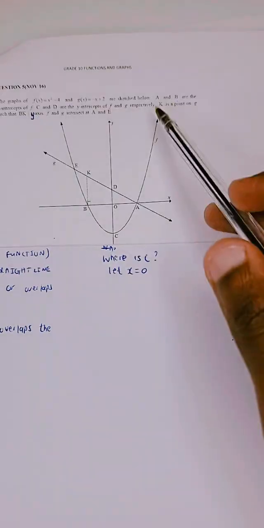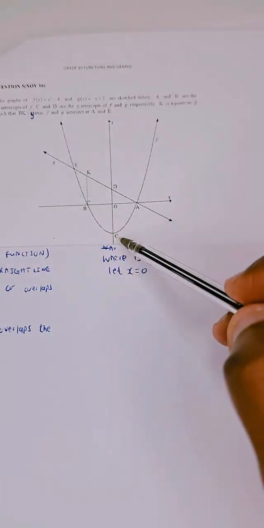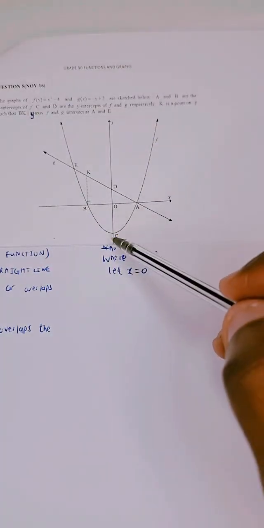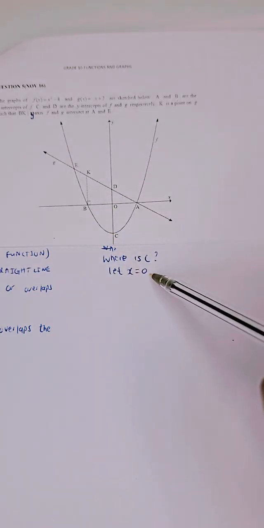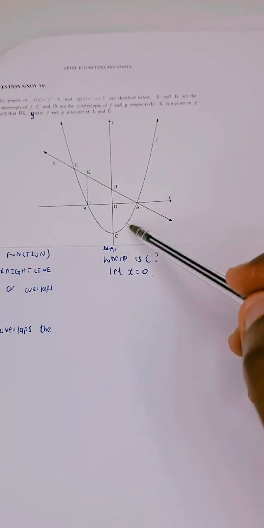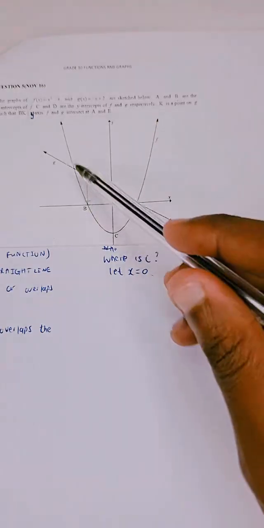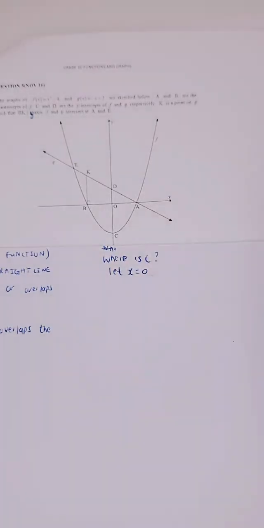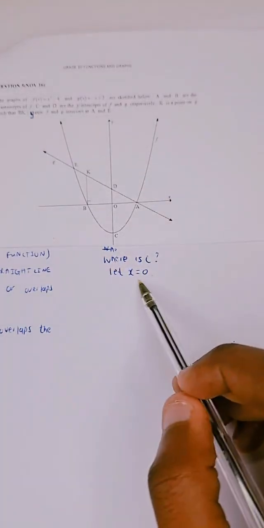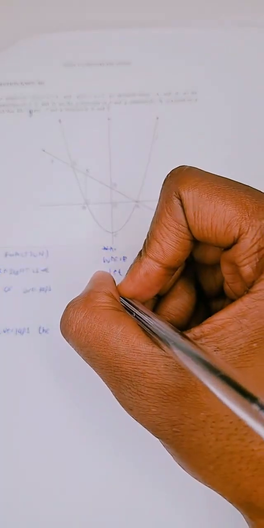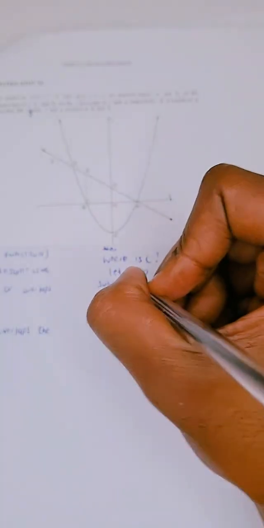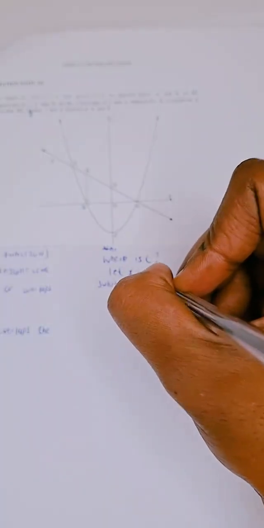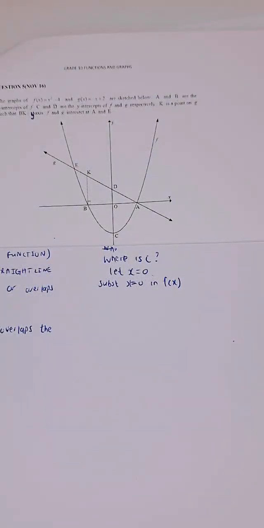Well, our parabola passes through C. So therefore, because C is found on the y-axis, which means x is equal to 0, and the function f of x passes through C, then what we are going to do is we are going to let x be equal to 0, and we are going to substitute the x is equal to 0 in f of x, which is the parabola.